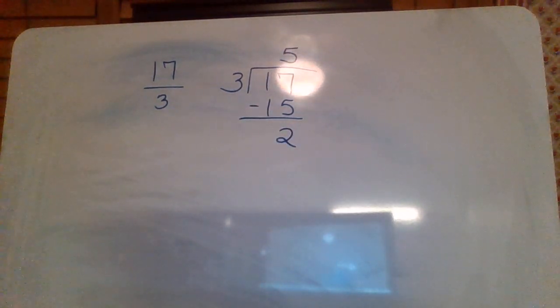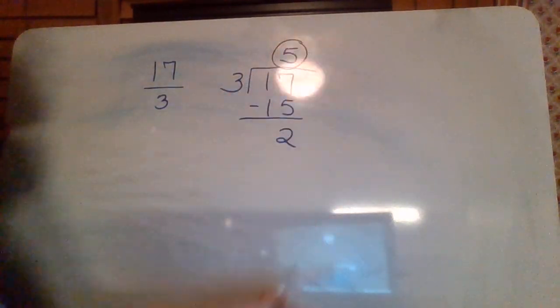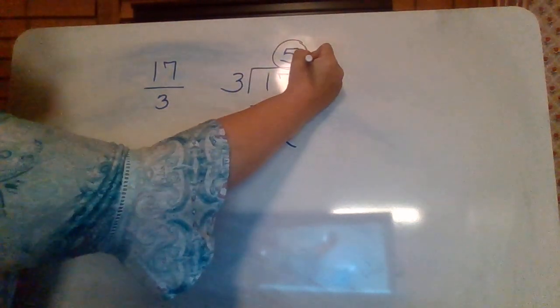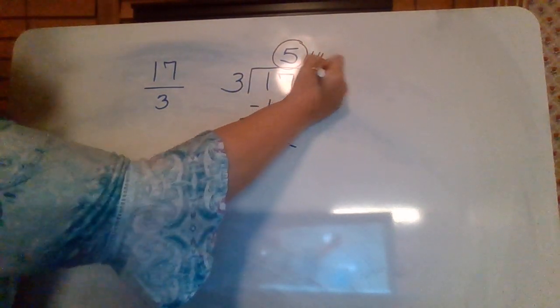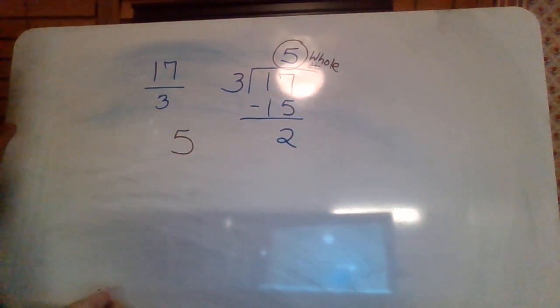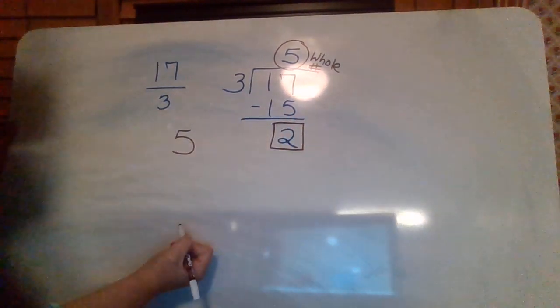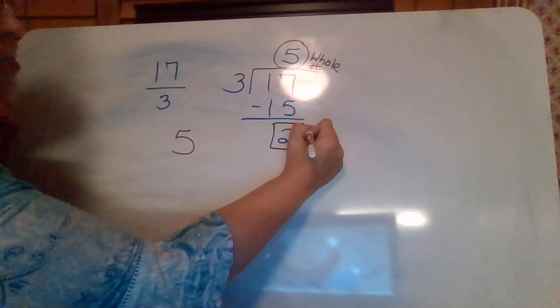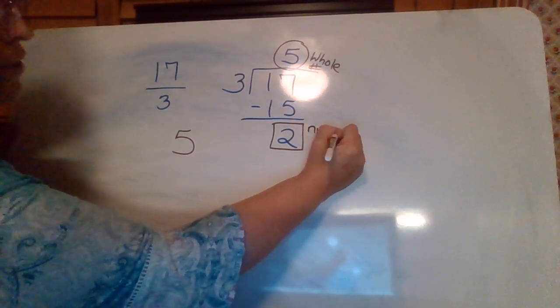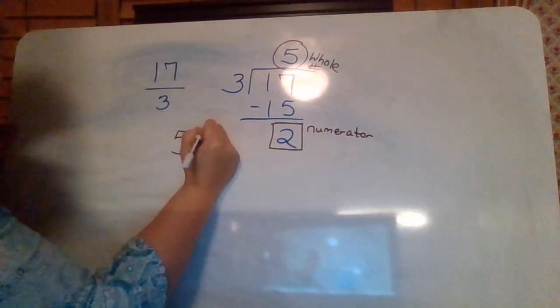Now, here's where all your pieces come into play. This 5 right here is always the whole number. So 5 is my whole number. It's the big number. Your remainder, which is whatever's left over, is always your numerator. So it's that top number in your fraction.